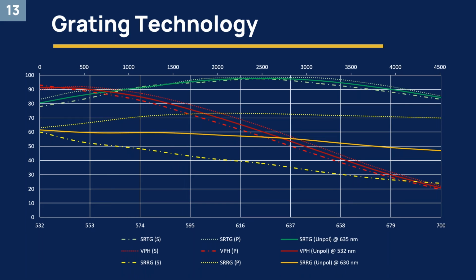Now, the downside to something like a volume phase grating for these applications is that there's not a big difference in the optical index between the exposed and non-exposed gel in a volume phase grating. And that means that the bandwidth of the grating is going to be lower than it is for a surface relief grating.